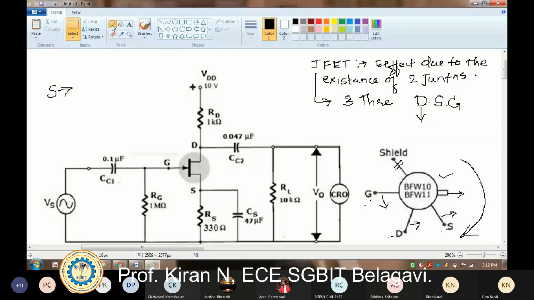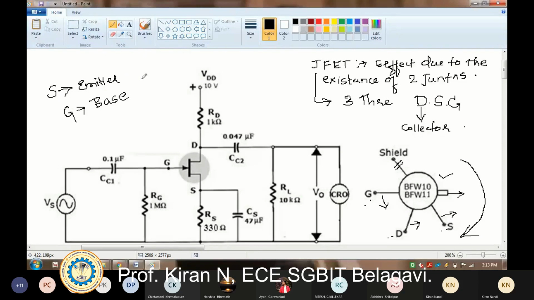Drain is very similar to collector. Source is very similar to emitter. And gate is nothing but base. So these are the three important terminals.